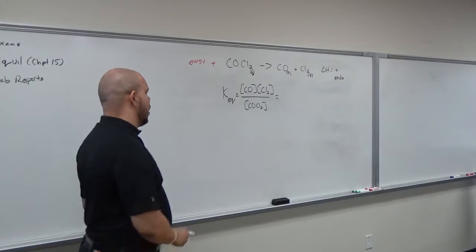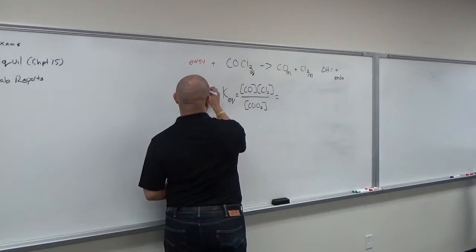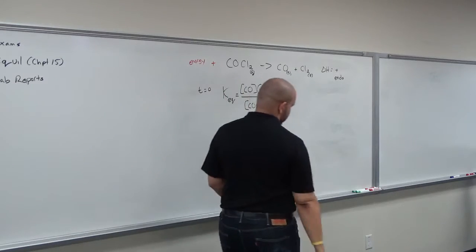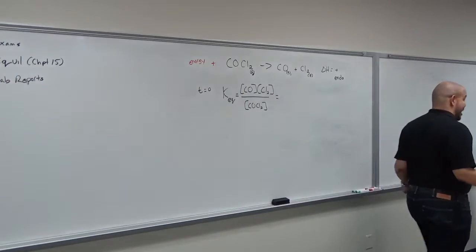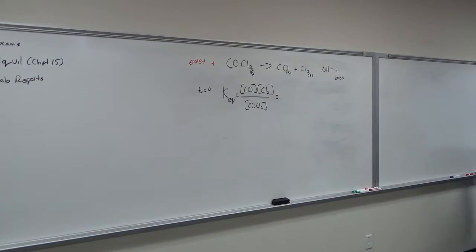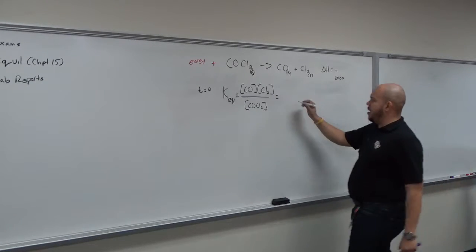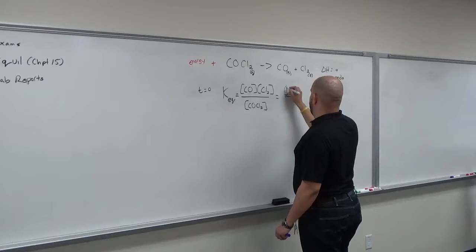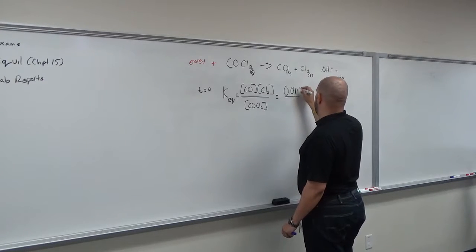So if we want to talk about this at T equals 0, or at the beginning of our reaction, we can look at this and say we got 0.09, 0.07, and 0.055.